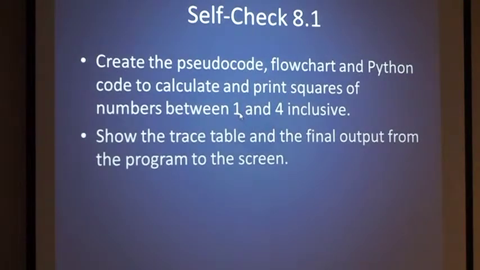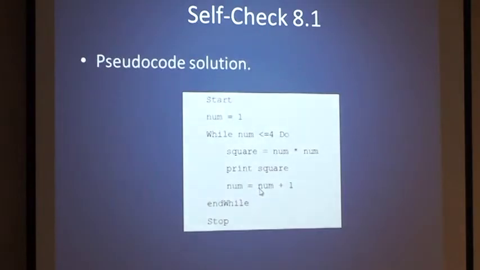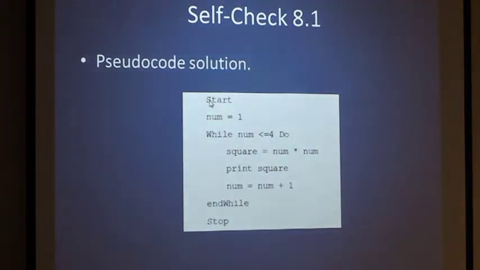So this time we're going to print 1 to 4 squared: 1 squared, 2 squared, 3 squared, and 4 squared. Very simple problem. Show the trace and the output. So we start with the pseudocode or the flowchart, and I hope this is clear.